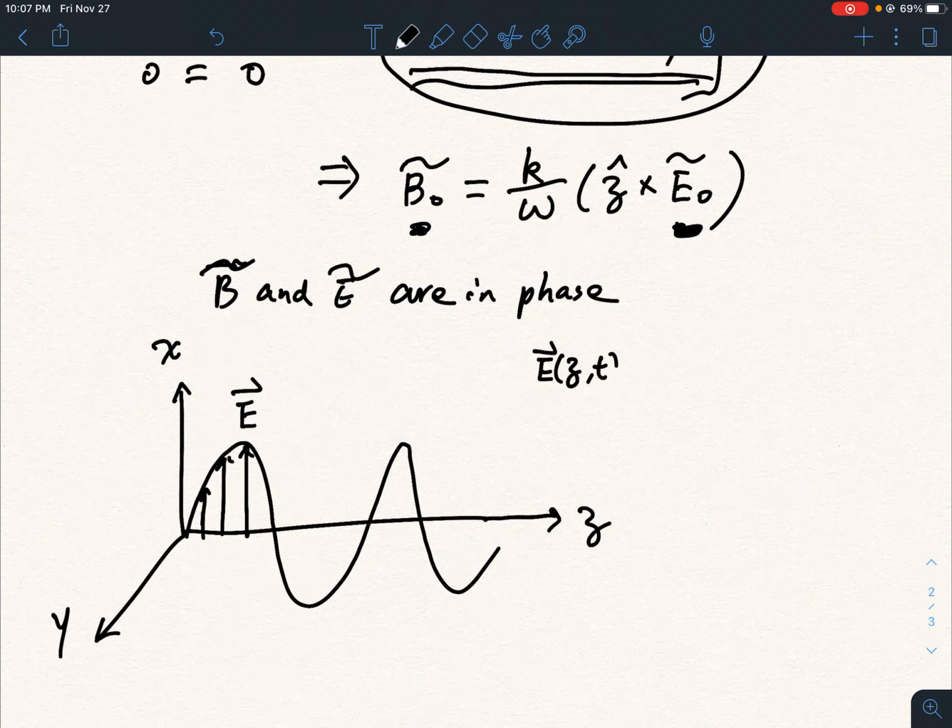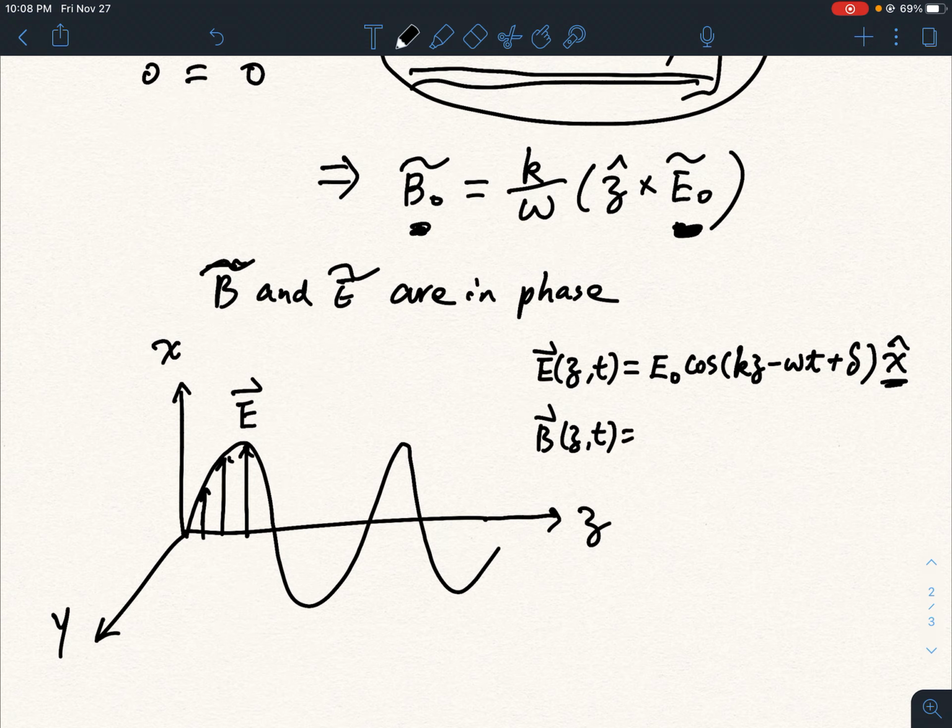I can write down the components: E0 times cosine of kz minus omega t plus some phase delta. Here I assume delta is 0 now, and that E is along the x direction. And then B is just calculated this way.